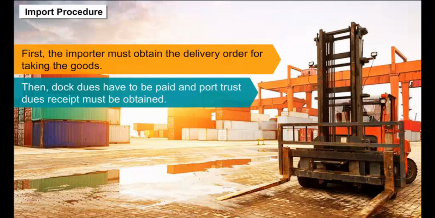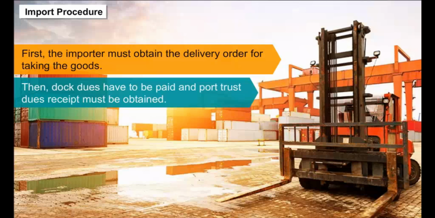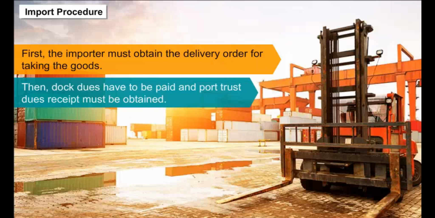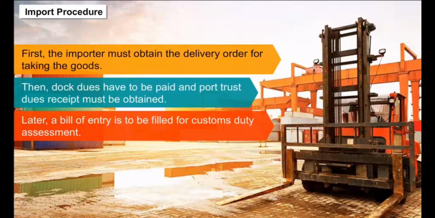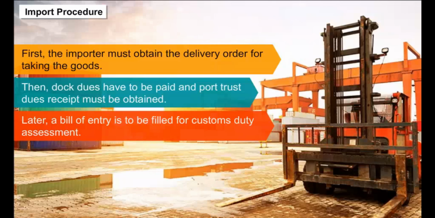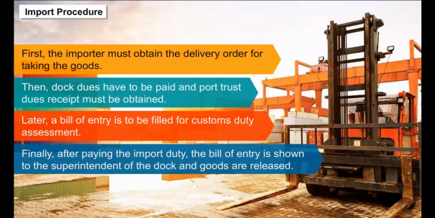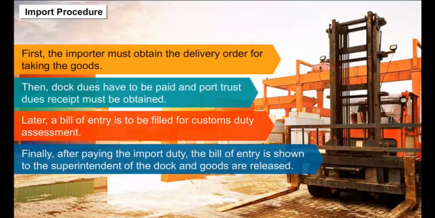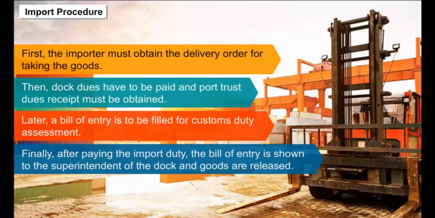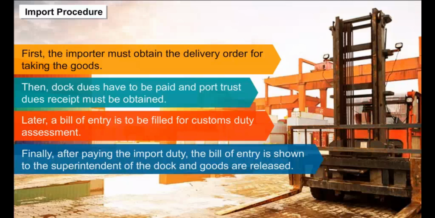Then, dock dues have to be paid and a port trust dues receipt must be obtained. Later, a bill of entry is to be filled for customs duty assessment. Finally, after paying the import duty, the bill of entry is shown to the superintendent of the dock and goods are released.